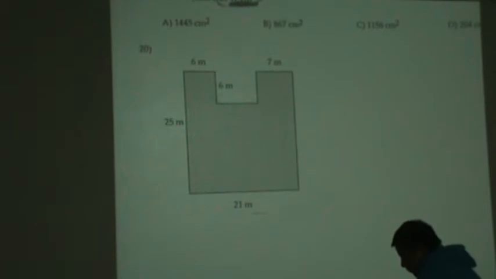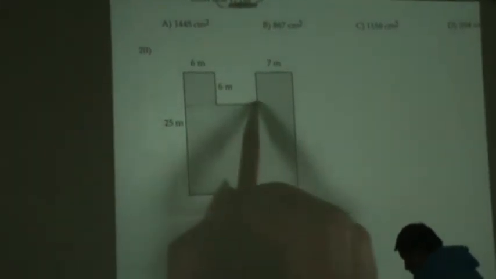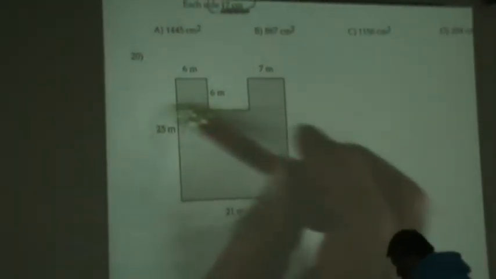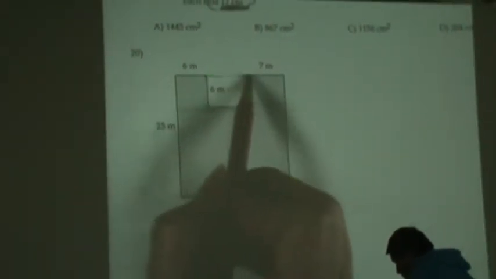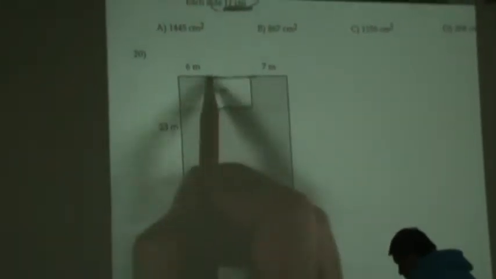Okay. Area of this. You could either divide it up into 3 sections and add all 3 sections, or you could go across here and you could have a big rectangle and you could subtract this smaller rectangle. Okay? We need to find this length if we do that.